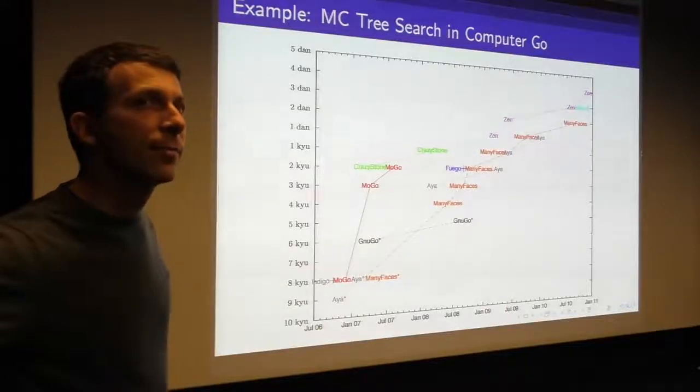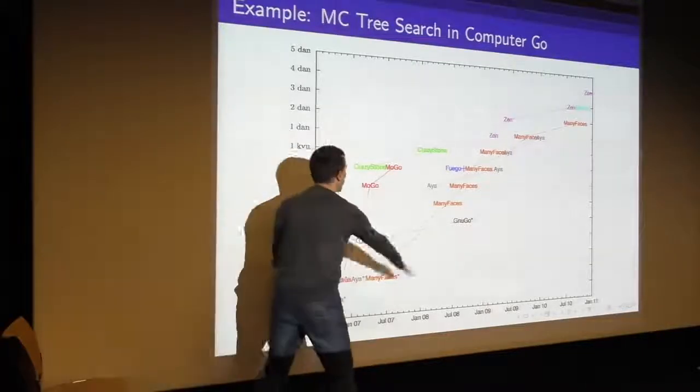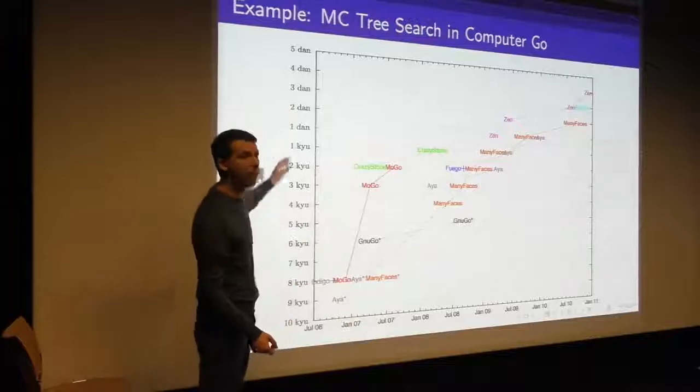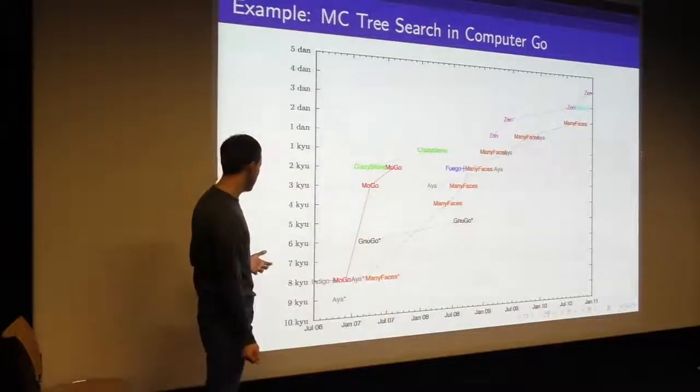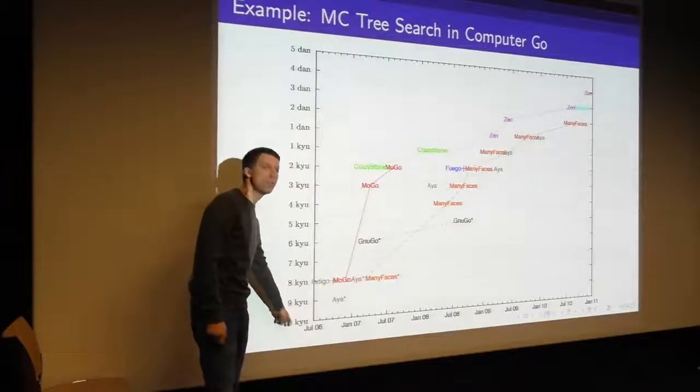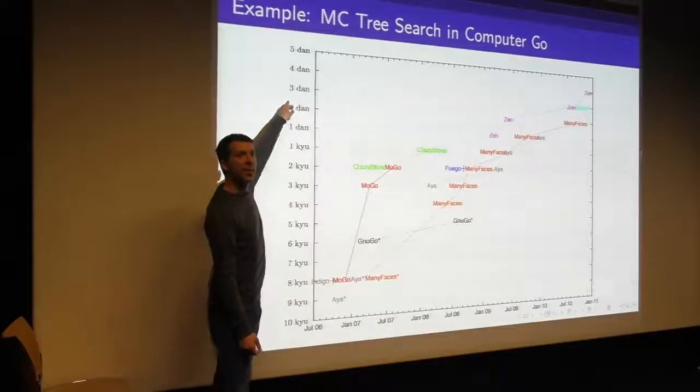Can you explain the y-axis? Ah, sorry, yes. I should explain this diagram. The y-axis is the strength of the Go program over time. This is the rankings that humans use, starting from Kyu levels, where lower Kyu is better, and then higher Dan is better.